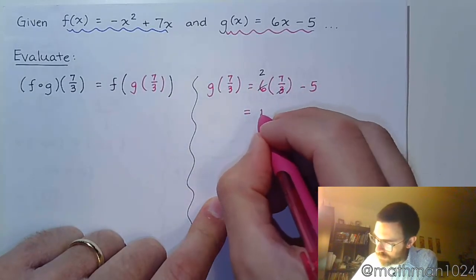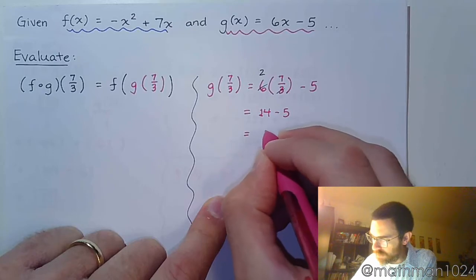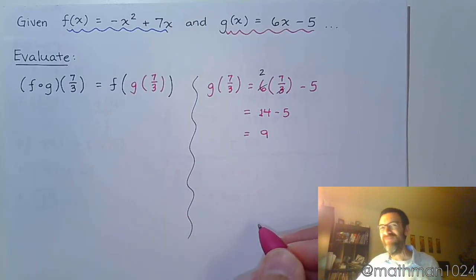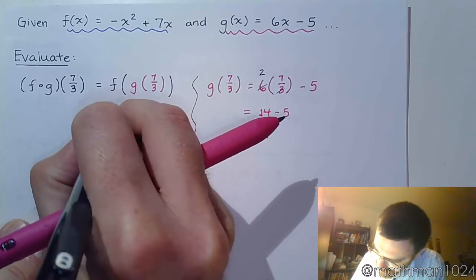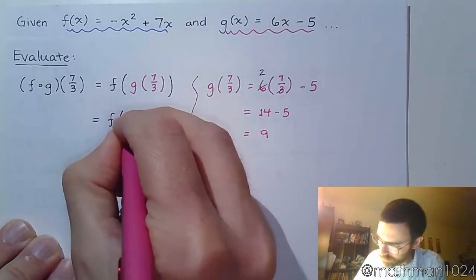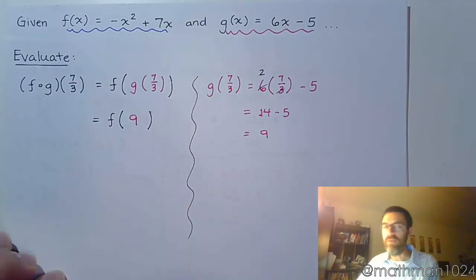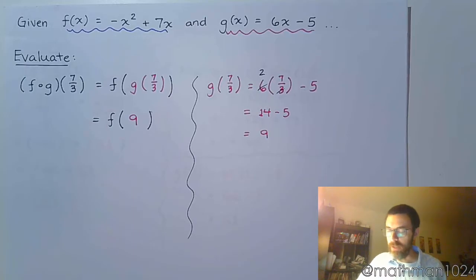So 2 times 7, we've got 14 minus 5, which equals 9. That's not too bad. So this becomes f of 9, right? You plugged 7/3 into g. G says, okay, here's 9. Now f can evaluate at 9.